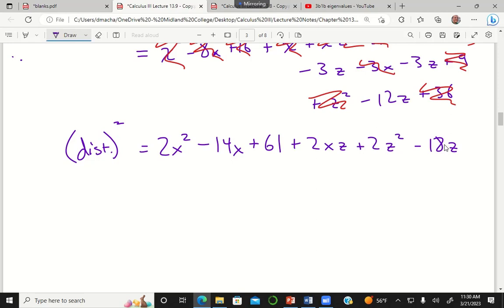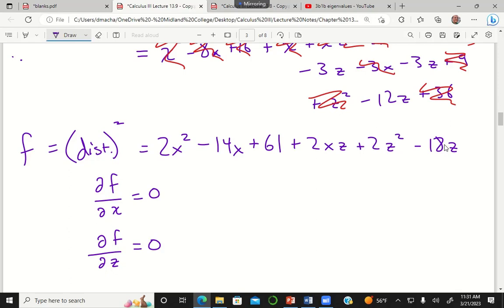So now I'm trying to choose values for x and for z that give me a minimum value of this nasty function. I know that the minimum of this function of two variables has to occur at the point where the partial derivative of this function, I'm going to name it f, with respect to x is 0, and at the same time the partial derivative with respect to z is 0.